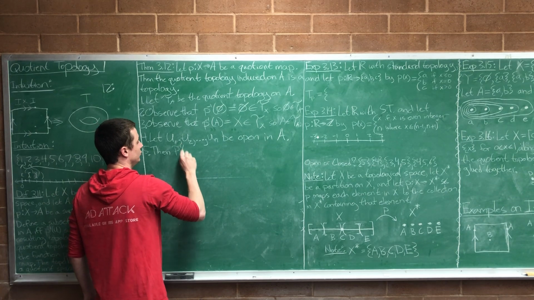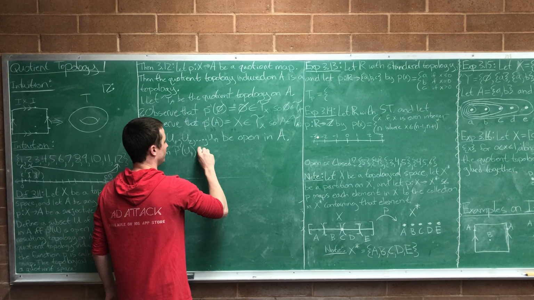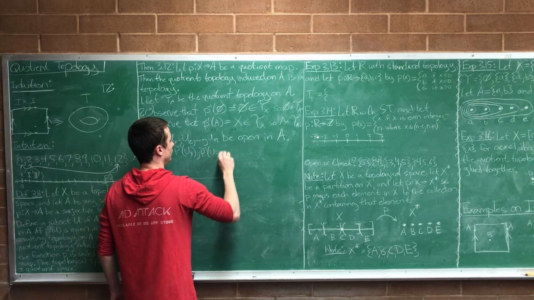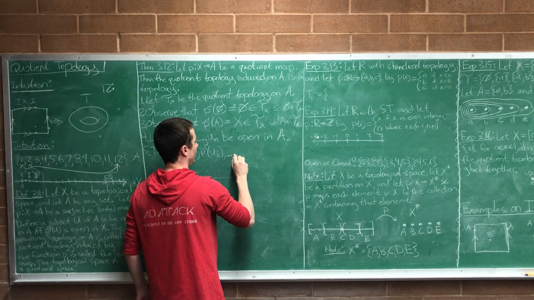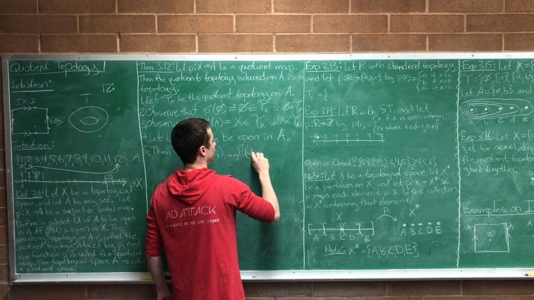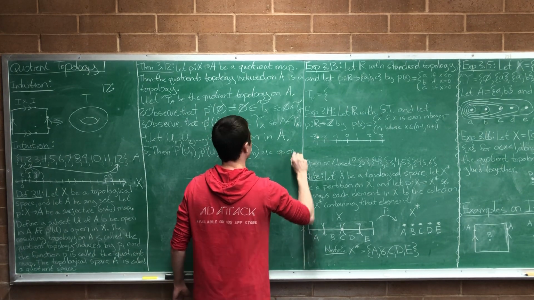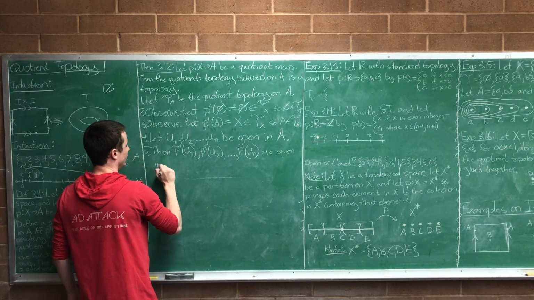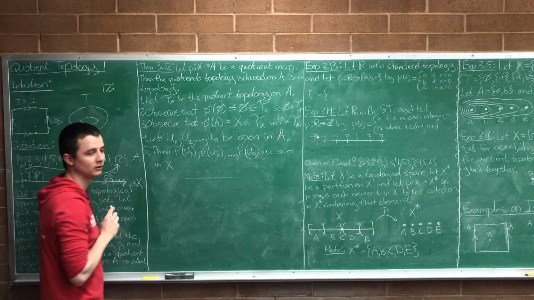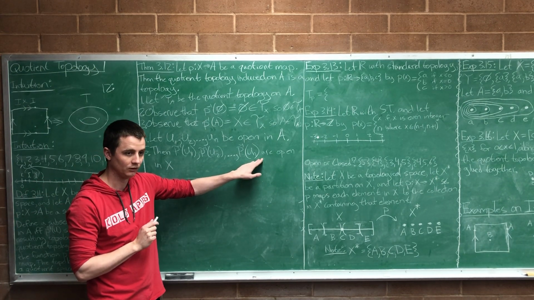Then the pre-image of U1, the pre-image of U2, ..., the pre-image of UN are open in X, right? We know all those sets, all their pre-images were open in X then.